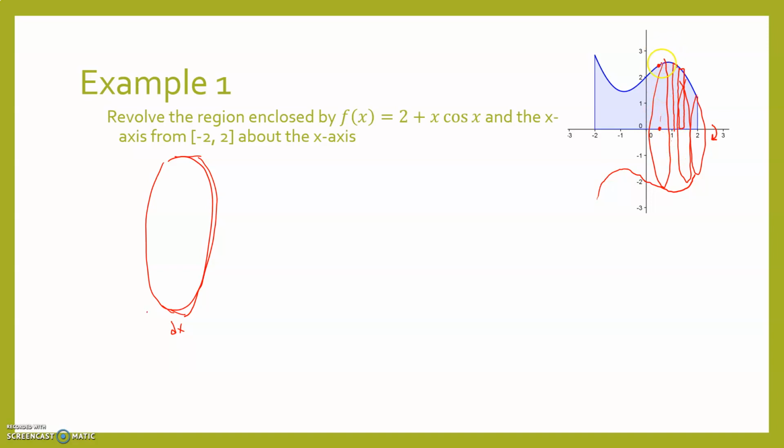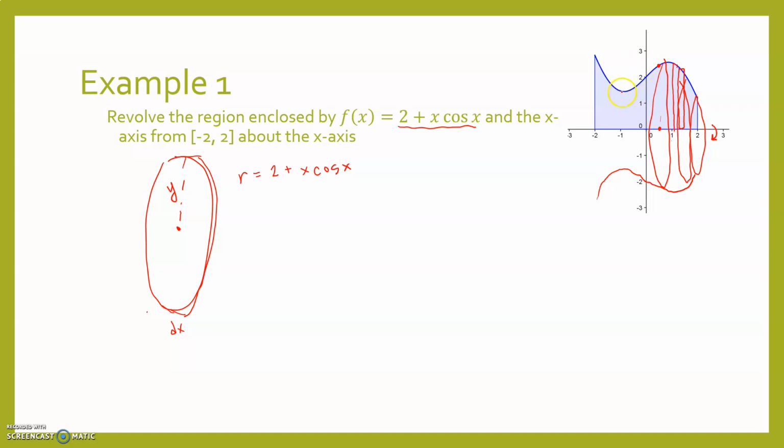So in other words, the radius is going to be the y-coordinate. But since we have a dx, we don't want to use the letter y. We'd rather use the definition for y. So the radius would be 2 plus x cosine of x.